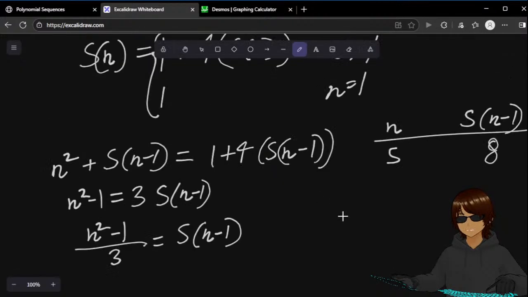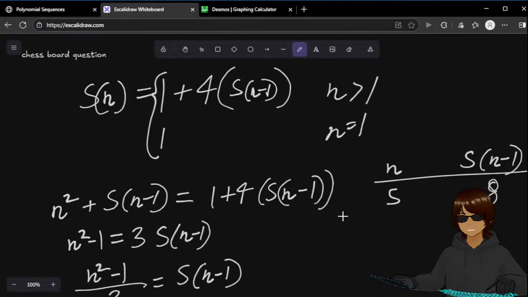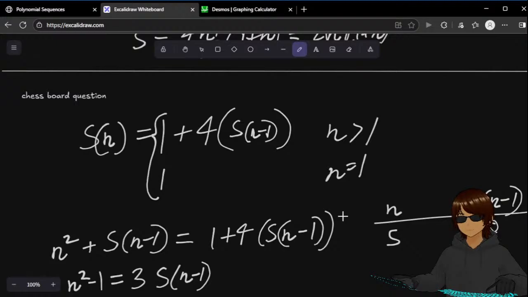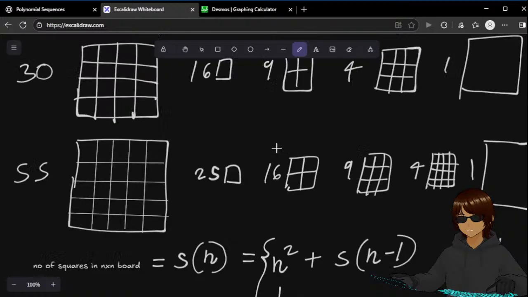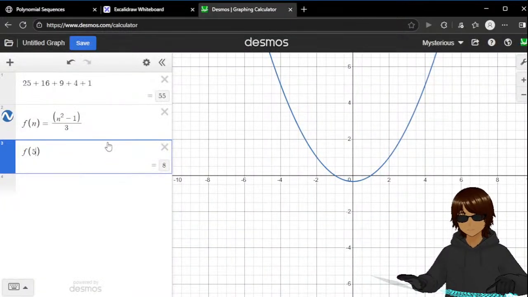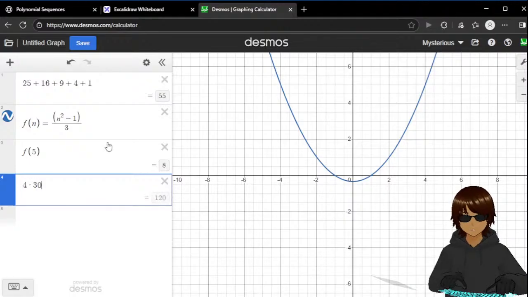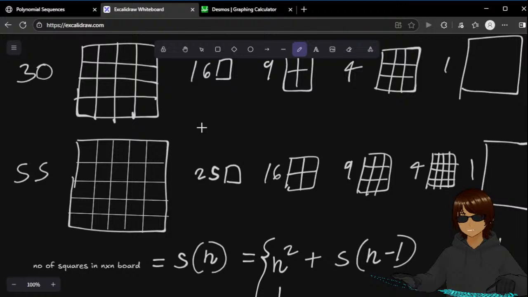This answer is not correct. Something is wrong here. If I plug in 5 here, 1 plus 4 times 30. Something is wrong here.